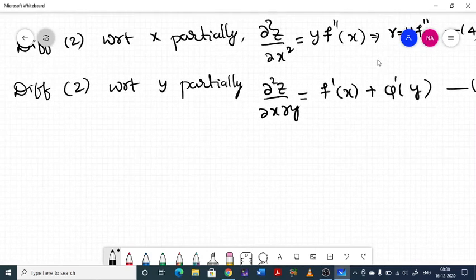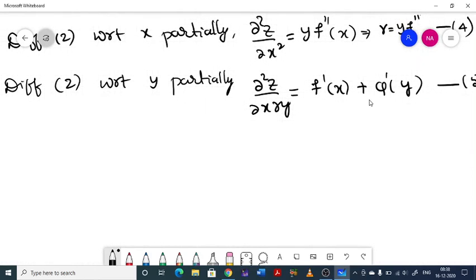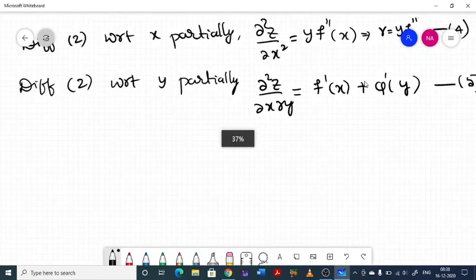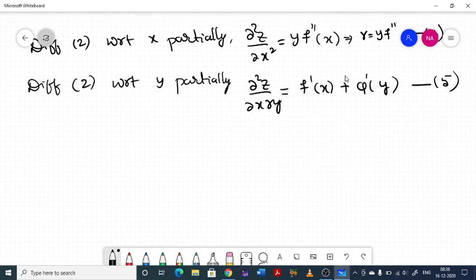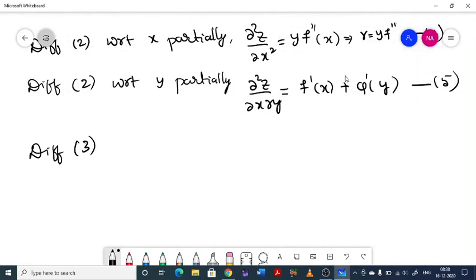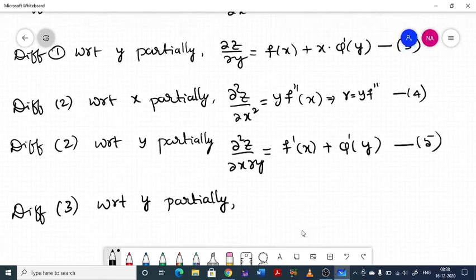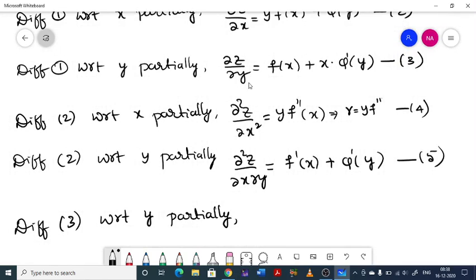Next, differentiating equation 3, ∂z/∂y, with respect to y partially again.